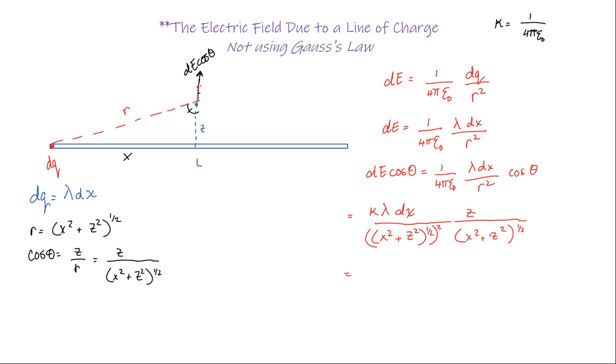When simplified down, what I have is k lambda z dx over x squared plus z squared times x squared plus z squared to the 1/2, and what I get is x squared plus z squared to the 3/2.